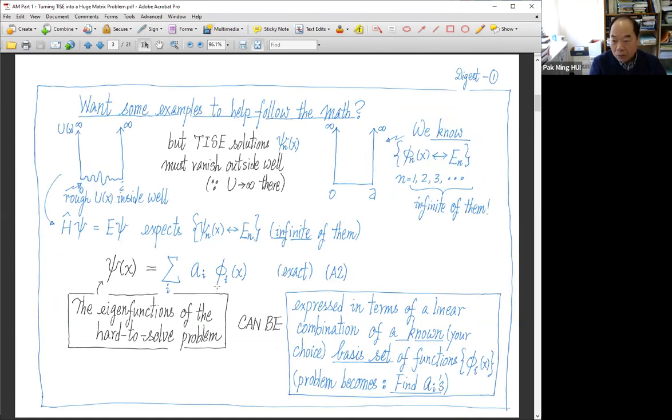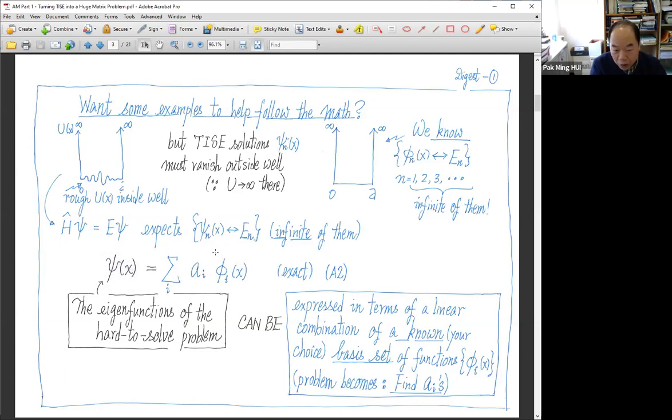In doing so, we will make an expansion of the unknown energy eigenfunction of the hard-to-solve problem as a linear combination of the basis functions. Okay, so look at this equation, for example, A2. This is unknown, we want to solve.